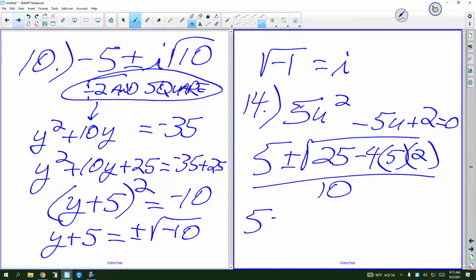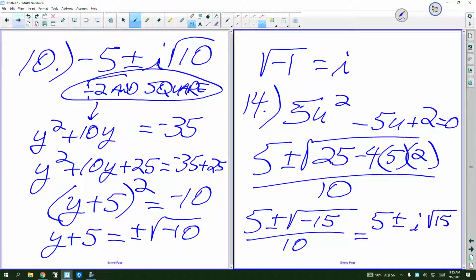So that's 25 minus 40. So then it'd just be 5 plus or minus i root 15 over 10, and you cannot simplify that.